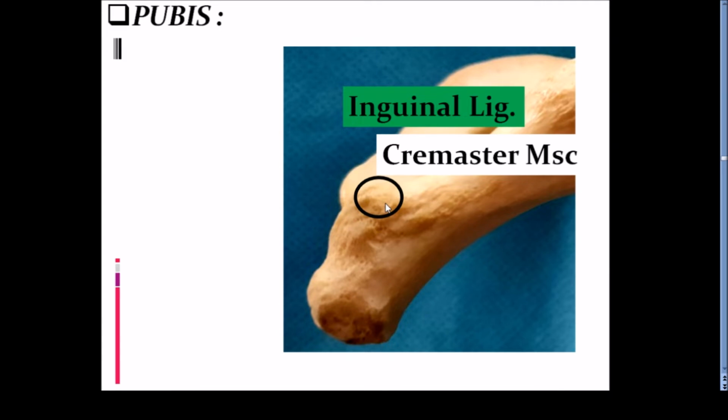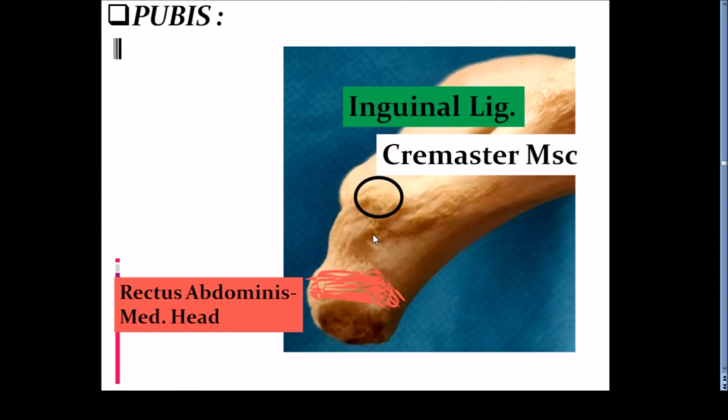Now attachments on the pubic crest. We divide the pubic crest into 2 halves: this is the medial half, and this is the lateral half towards the pubic tubercle. The medial half is crossed by the medial head of the rectus abdominis muscle.